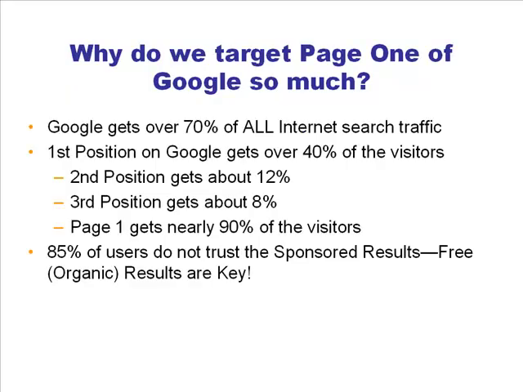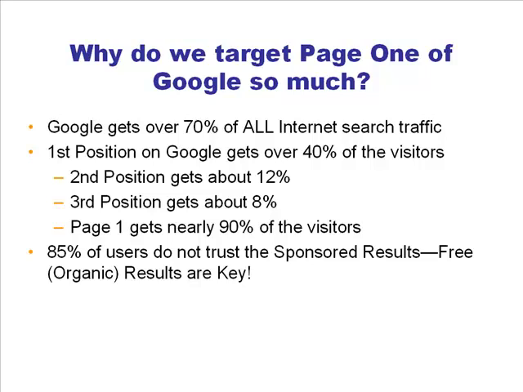So why Google? Why do we focus so much of our efforts on Google and Google Places? Well, 73% of all internet search traffic today goes through Google. I'm not going to read all of these statistics to you. You can read them while I'm talking. But ultimately, if you get the first 3 spots on any Google search, that would be if somebody types in appliance repair in your city, you're going to capture about 60% of all the views for that search term and that potential client.